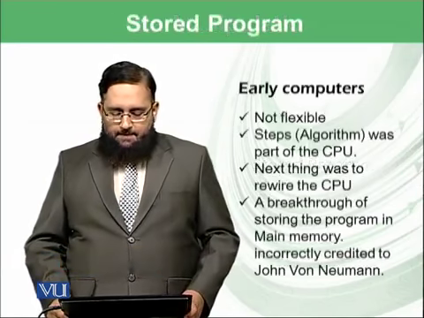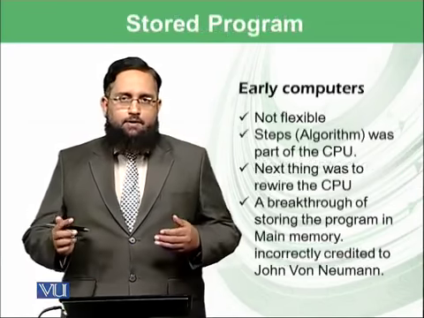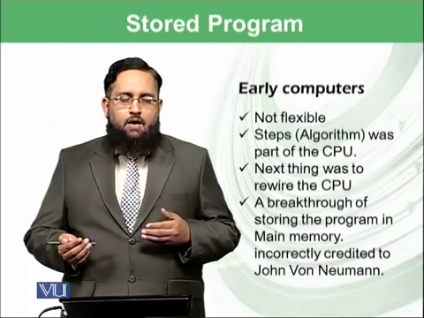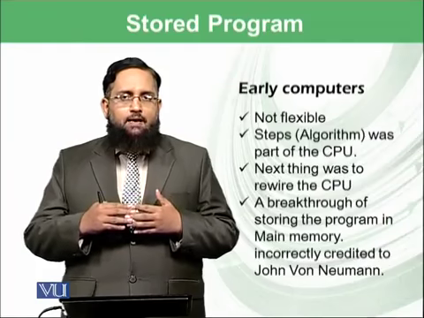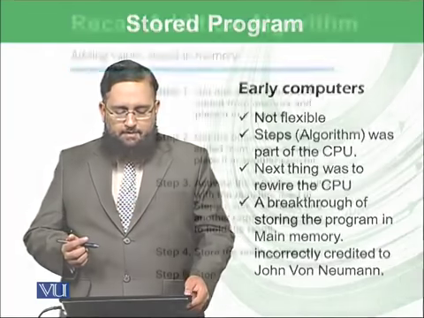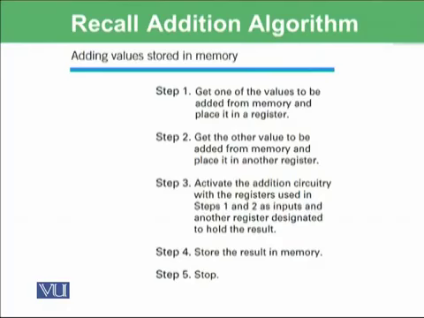Previously, in whatever computer was built by scientists, the algorithm was put within the CPU. For example, we have learned about the algorithm in our previous module that adds two numbers, and the initial computers had such an algorithm built within the CPU.